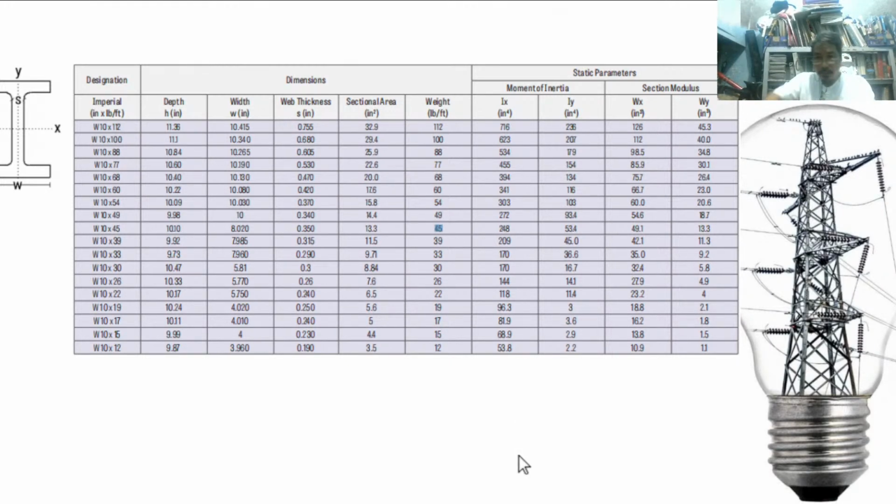That is the weight. Now, what we need is the area. Area is 13.3. So 13.3 is the area. Here. So let us find out if that is what we are looking for.